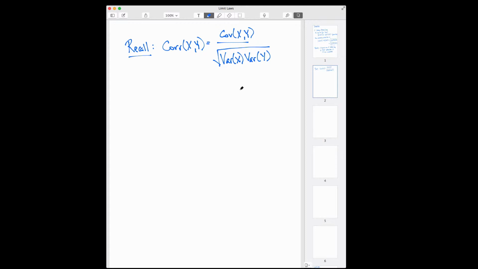And so let's look a little bit deeper and see how this relates to this inequality that we've worked on here. And so let's just also think about the definition of covariance, and let's see how that hooks up with this.